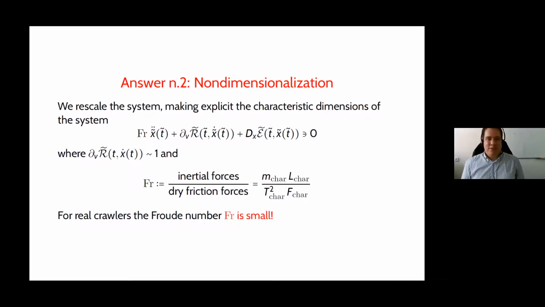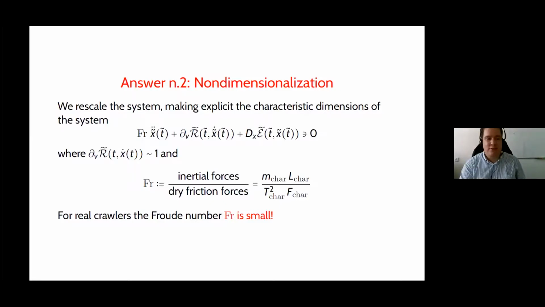Okay, so we can do the same thing for crawlers. Again, usually in the literature it is called the Froude number. There are many ways. Some people again consider the relation with gravitational forces, because dry friction you can see as a friction coefficient times the gravitational force if your crawler is moving above the ground.